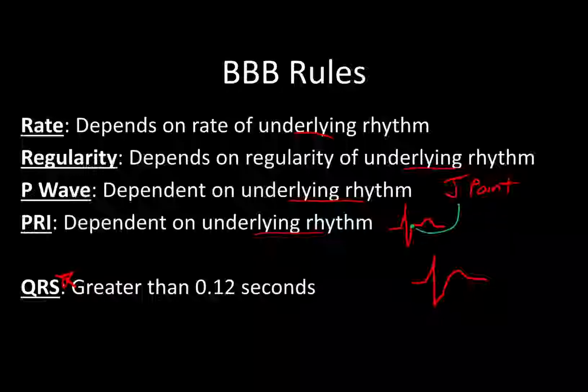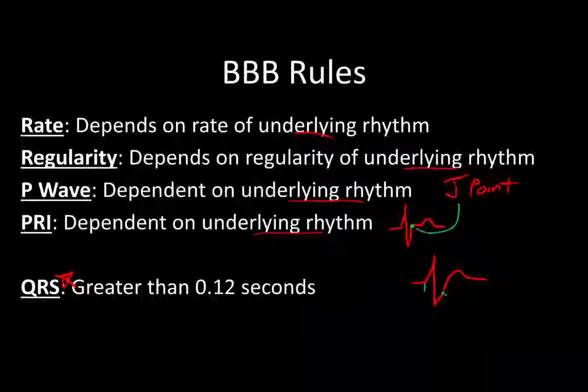It's just not clear. In cases like this, you essentially come down to two options. The one you're looking at right now, how would I measure this QRS? Well, I would start where I would always start, which is where my R wave begins. The end point, specifically in the one I just drew, would actually be about right here.